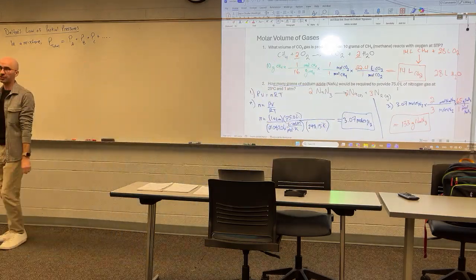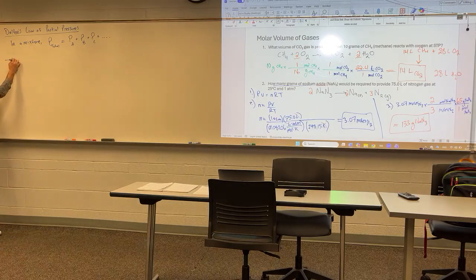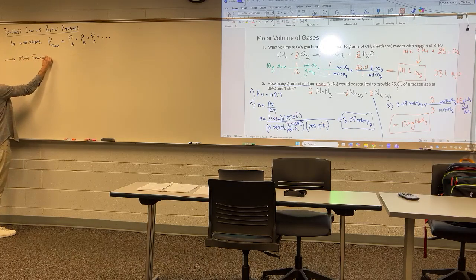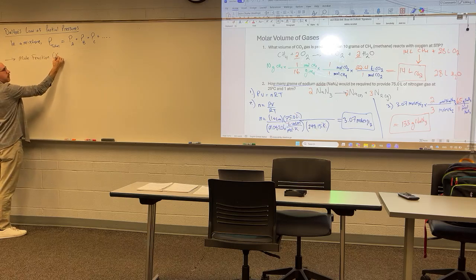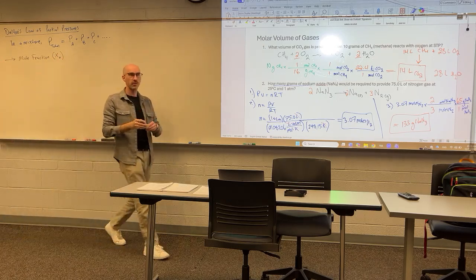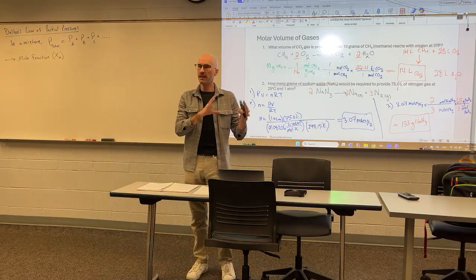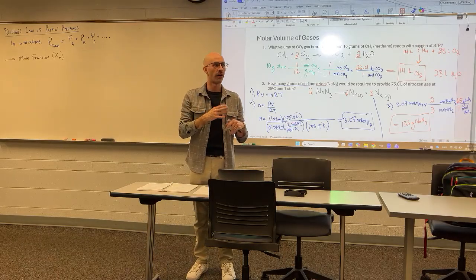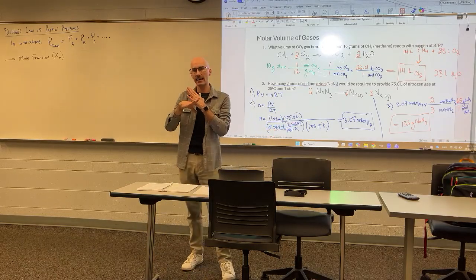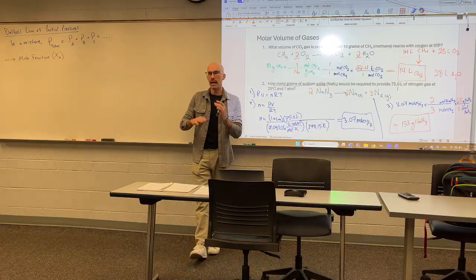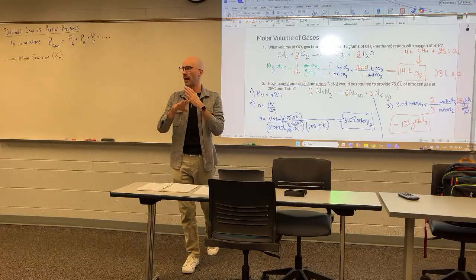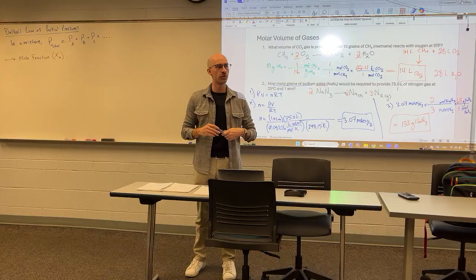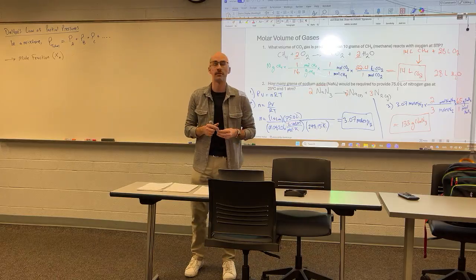So in order to use Dalton's law, we need something called a mole fraction. This is often given the variable x sub n. N is just to tell us a specific element. So we can say x of hydrogen, H2, x of oxygen, O2, x of nitrogen, N2, the partial pressure of whatever we have.